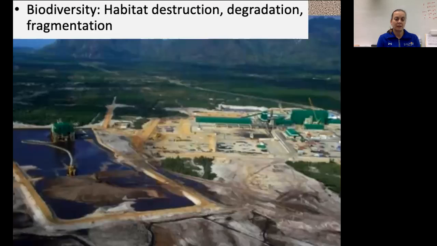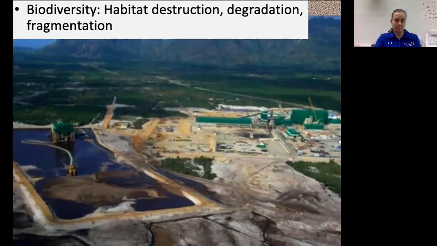And of course, habitats are destroyed. They are, if not destroyed, very often degraded. They are fragmented, even in areas where the mine itself doesn't have an impact, but the roads to the mines have an impact by fragmenting habitat. And so this loss of habitat or fragmentation of habitat is going to have a major impact on biodiversity.